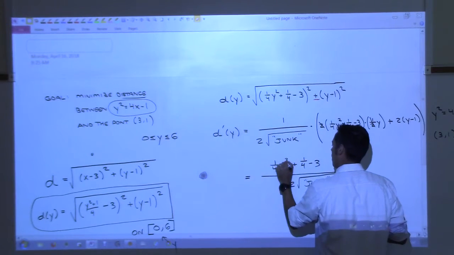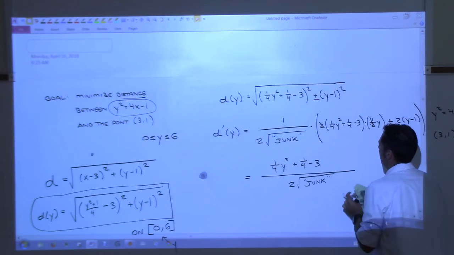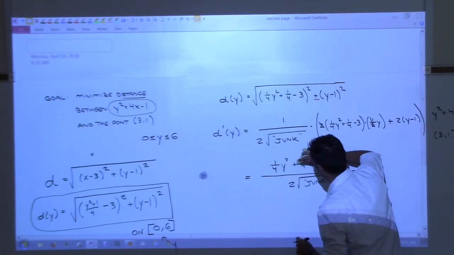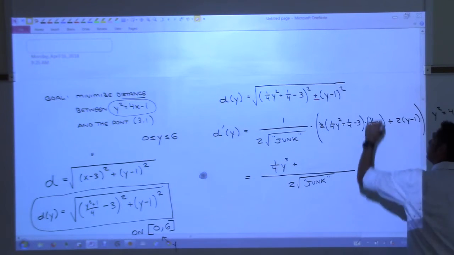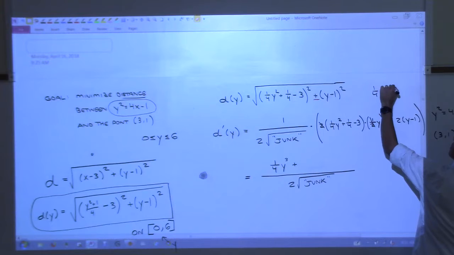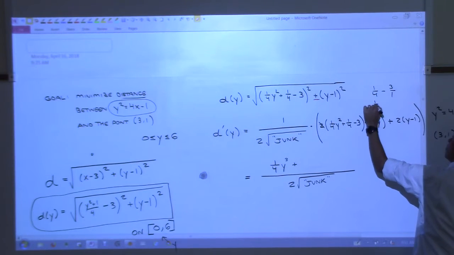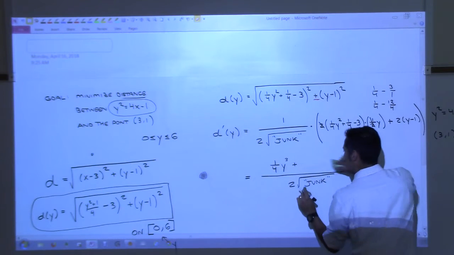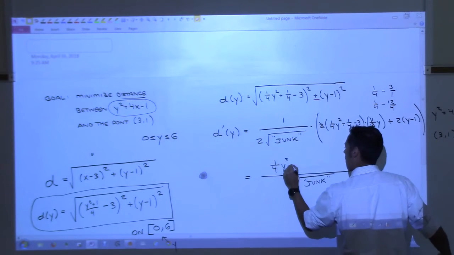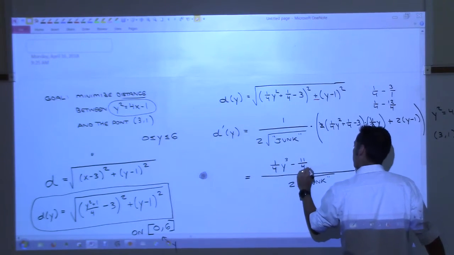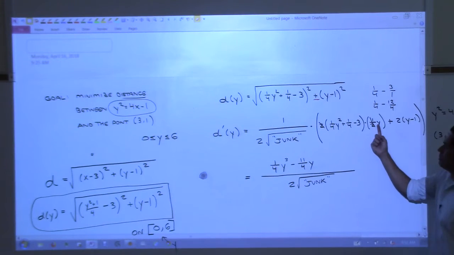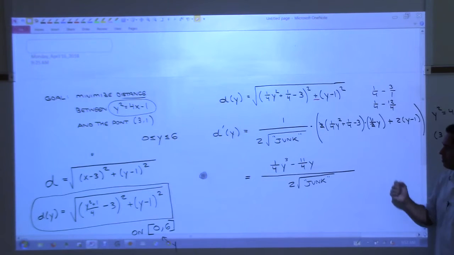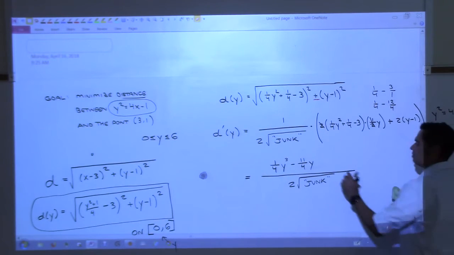Y cubed, and then I guess I'm going to have to put those together. What's 1/4 minus 3? So 1/4, take away 3 over 1, common denominator, 1/4 minus 12 over 4. So -11/4. -11/4 y, right? Because I have to pass that y through. So that y went here and to those. And then I still have over here 2y minus 2.